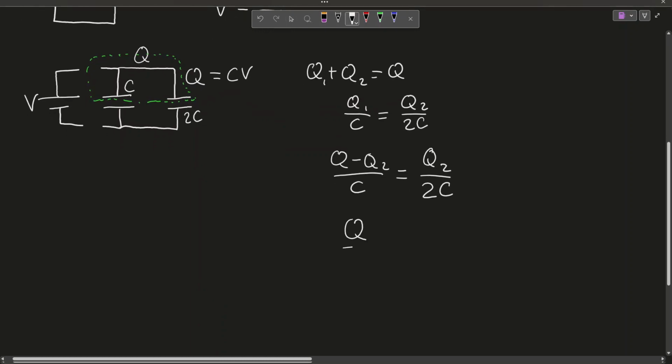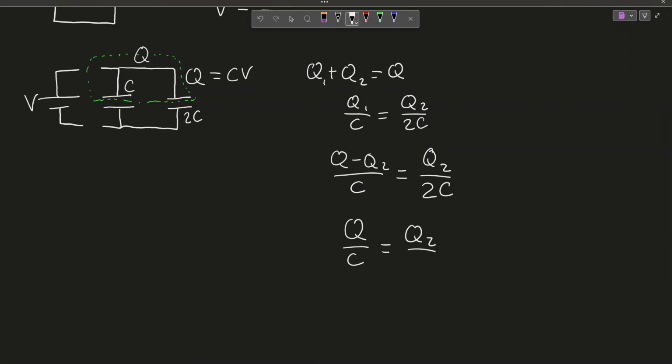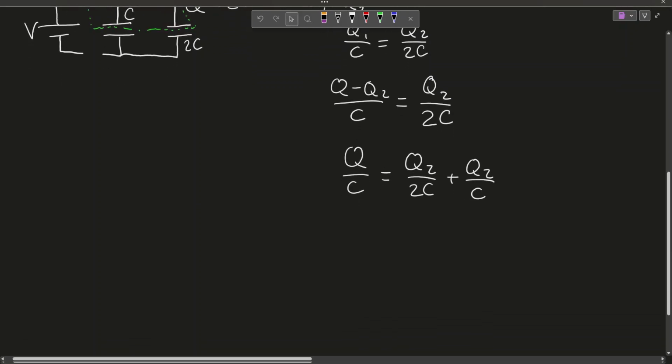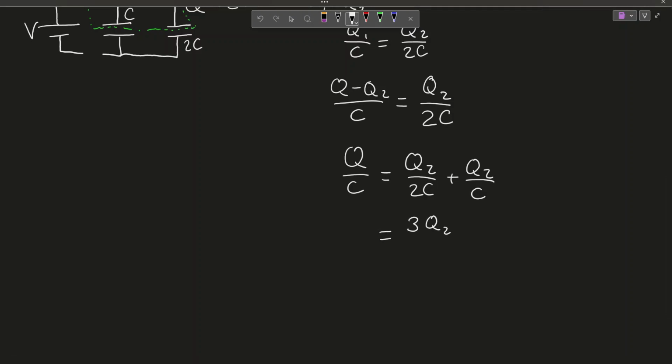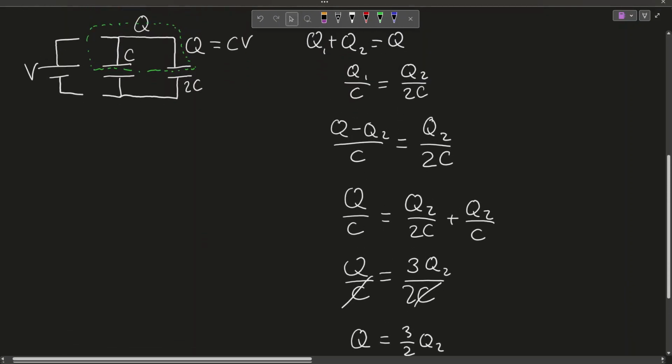So we might find Q over C is equal to Q2 over 2C plus Q2 over C, which we can then simplify into 3Q2 over 2C is equal to Q over C. So we get rid of the C, and we find Q is equal to 3 over 2 Q2, or 2/3 of the original charge is going to end up on that second capacitor, that bigger capacitor.